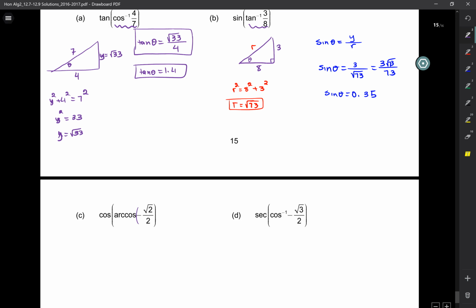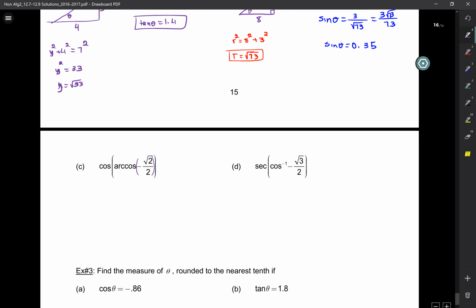Okay, so here we have cosine and arc cosine. What do they do to each other? They cancel each other out. So it would just be negative root 2 over 2. The only thing you have to watch out for is, is this in the proper domain?